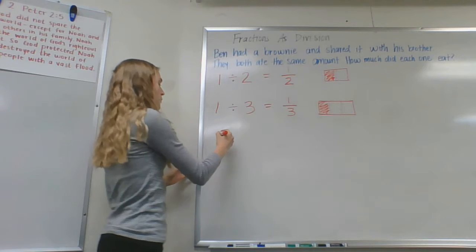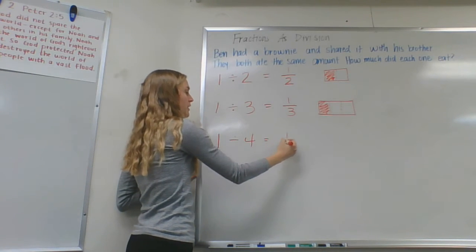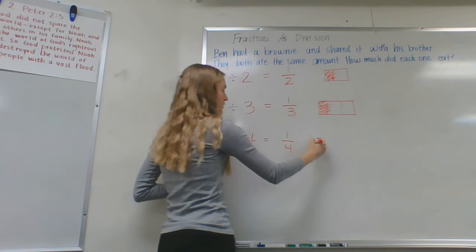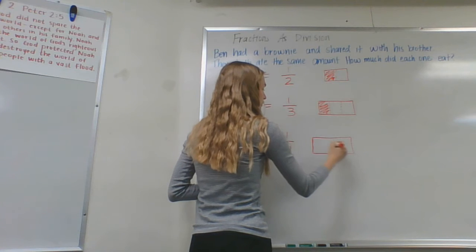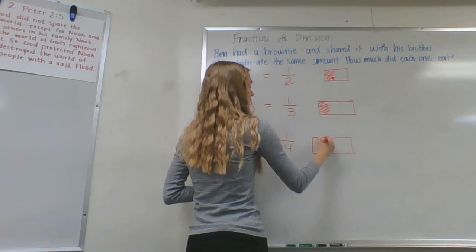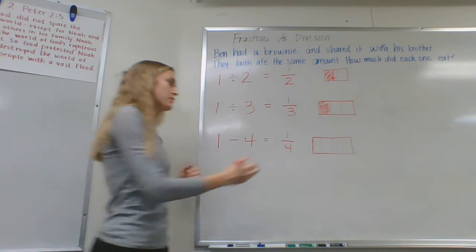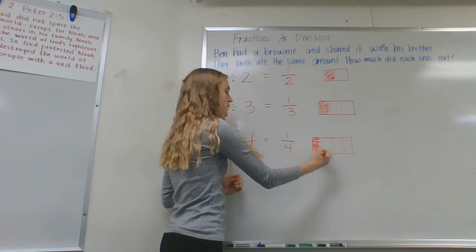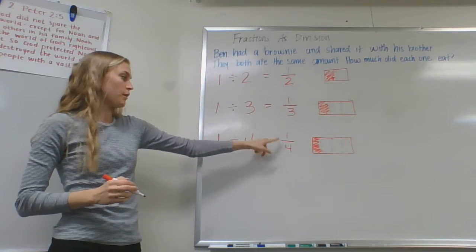Alright, so if you have 4 people, then you have one brownie divided by 4 people, and everybody would get 1/4 of the brownie. If we draw that out, we have one brownie, now we're dividing it into 4 pieces, and everybody gets one of the 4 pieces, which is 1/4, one out of the total 4, the part out of the whole.